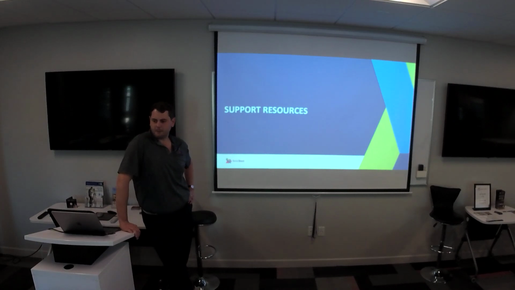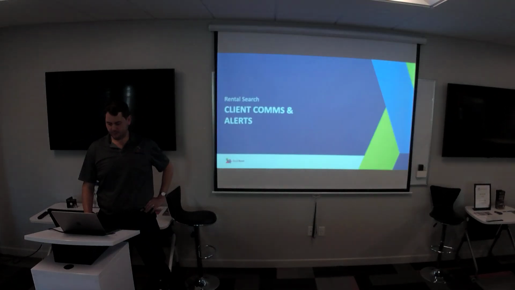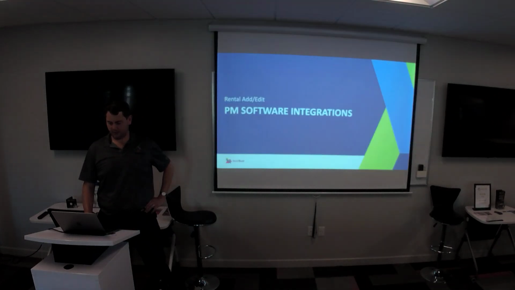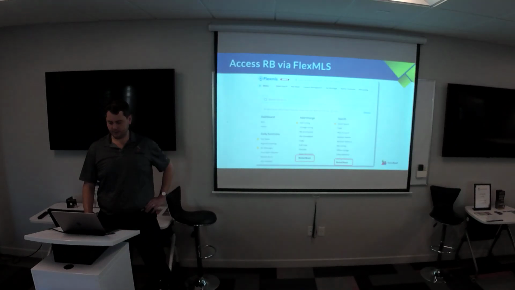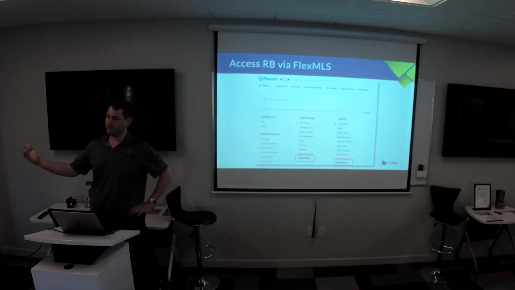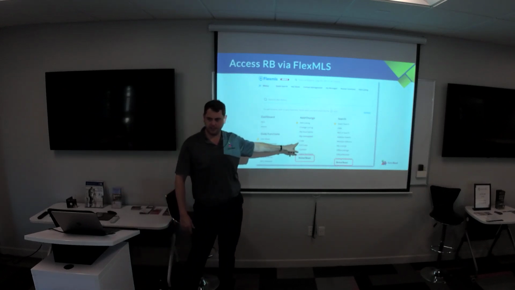So here's what you're going to do. Let's go back a couple of slides. When you have a one-off and you need to find more inventory, you can always search your rental listings via Flex MLS. That's not going away. That doesn't change.